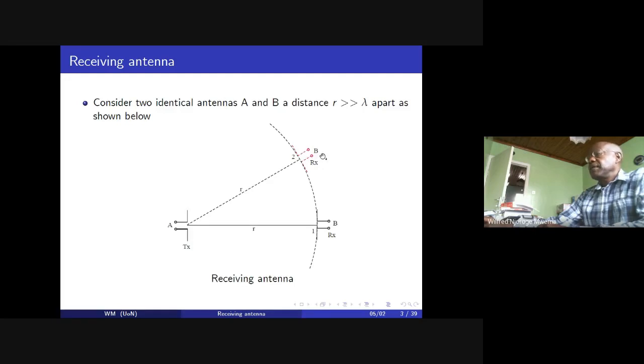Antenna B is positioned with respect to the center line or axis, and is rotated over a fixed radius r centered at the transmitting antenna. The distance r is assumed to be much larger than the wavelength of the signal the antenna is transmitting.